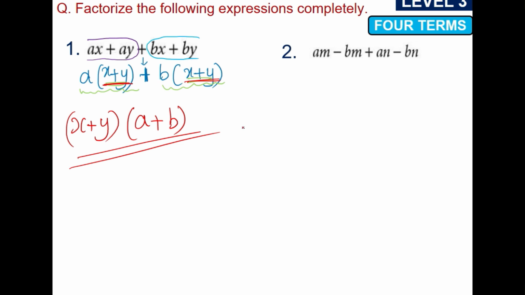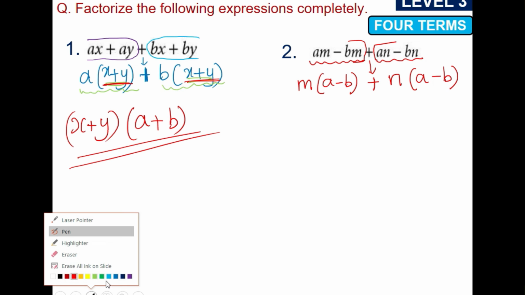Now doing the same case in this question, I try to group them. Okay, so these are my groups. I have am minus bm plus an minus bn. Here I have m as the common term, so I take a minus b. The same plus comes down, and here I have n as the common term, and what comes inside is a minus b.